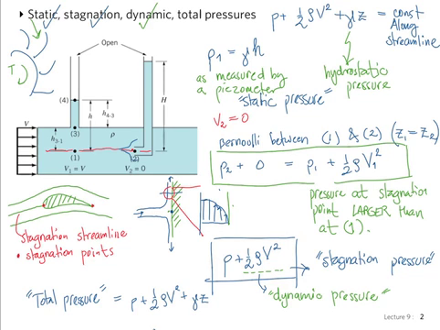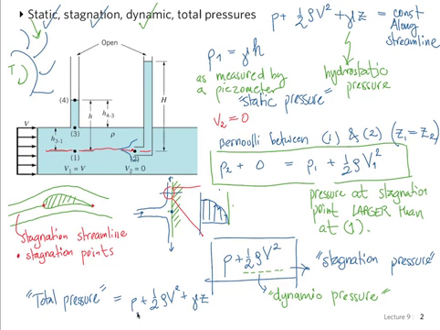This is our engineering consensus in terms of the terminology that we will use. Yes? Is it right to say that at one, total pressure is equal to gamma H? Or is total pressure something that we use for the entire system?